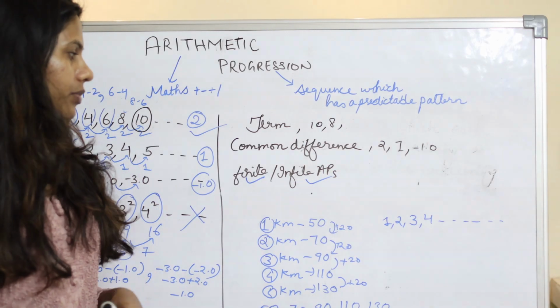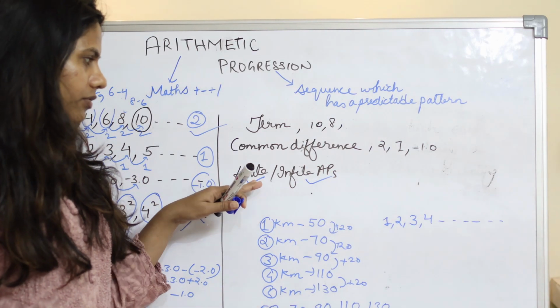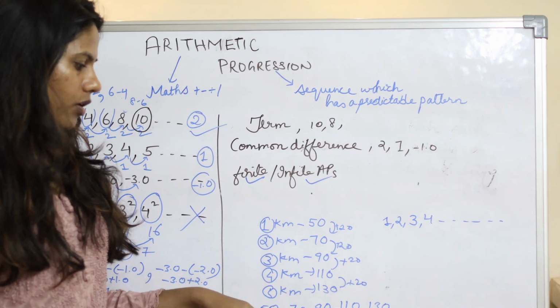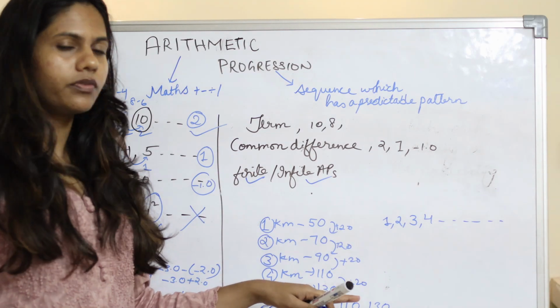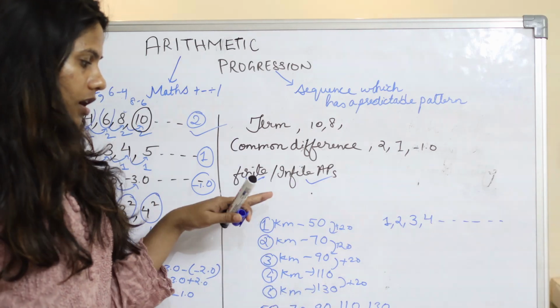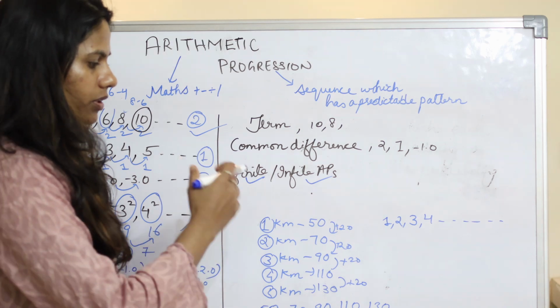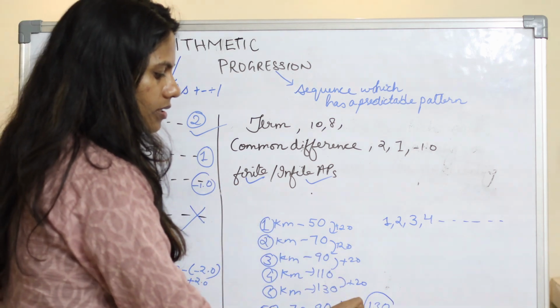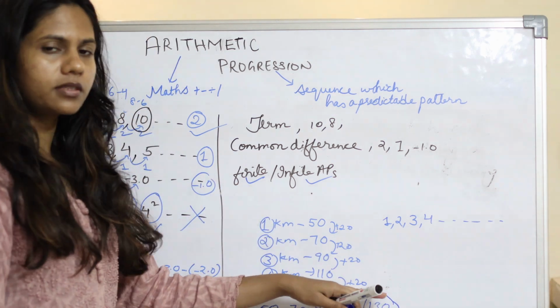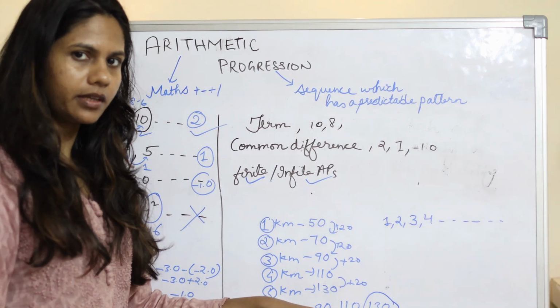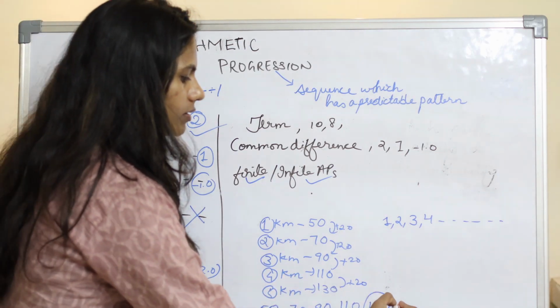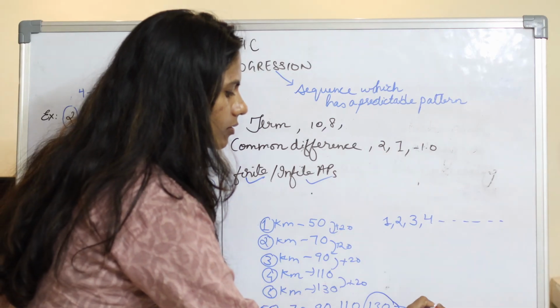I'll give you an example. Just now we saw how Uber calculates distance for 5 kilometers. You know this is the last term, the sequence is ending here. So this is a finite AP.